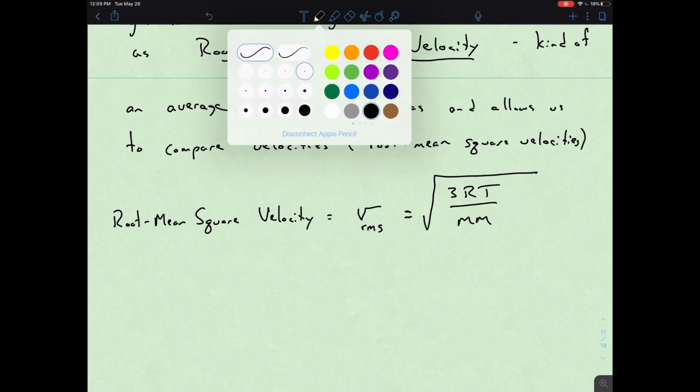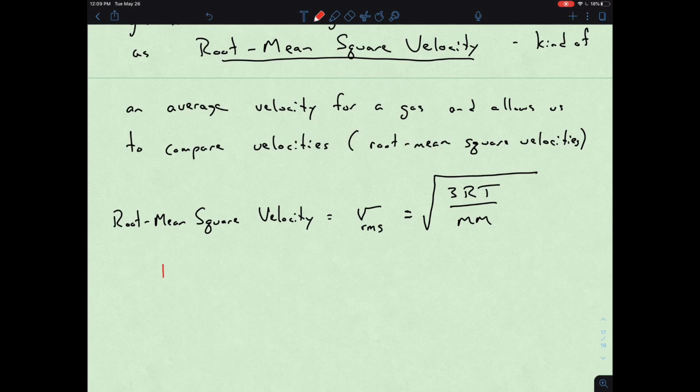So our T here is our temperature, and we need to have that in Kelvin. Our R value is the thermodynamic gas constant. So it's a different value.